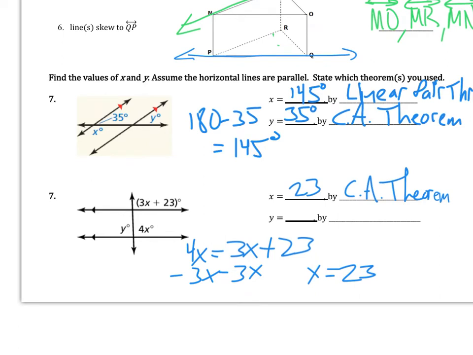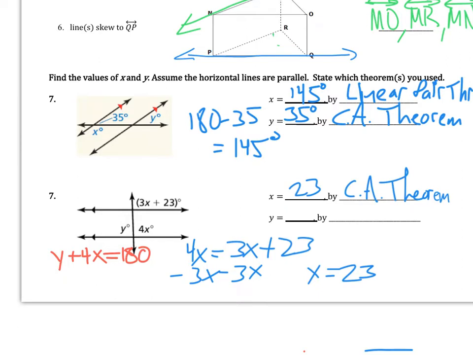And so that's the relationship there. And again, not too interesting. These are linear pairs again. There's no relationship going on here, so we have to use linear pairs. So the connection is this y plus the 4x are supplementary there. They add up to 180 because they are a linear pair.